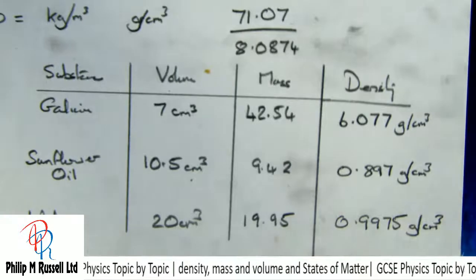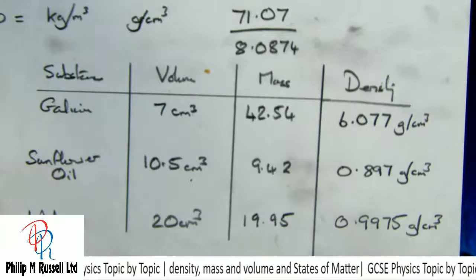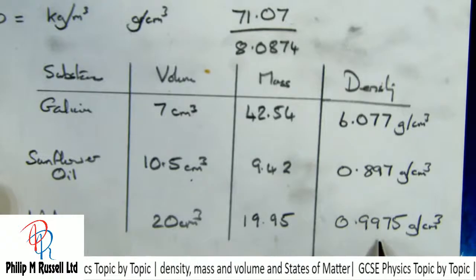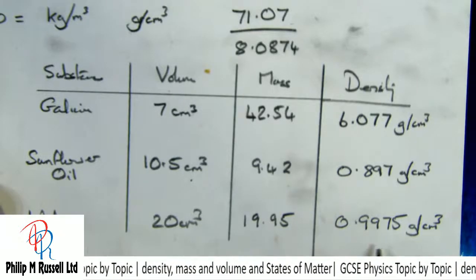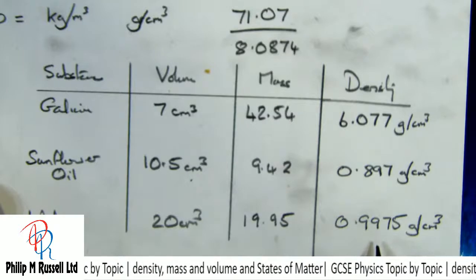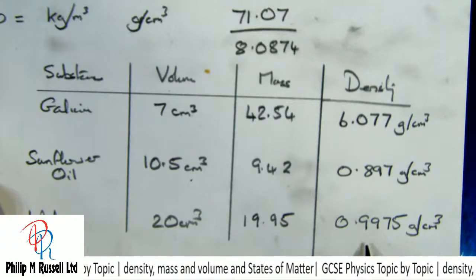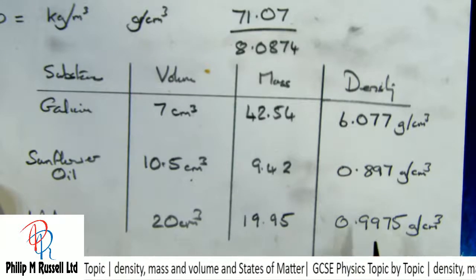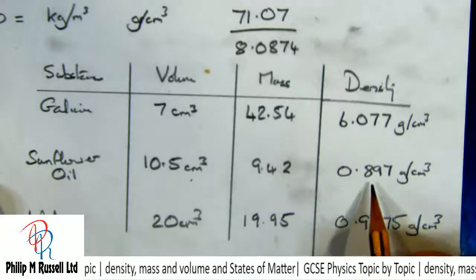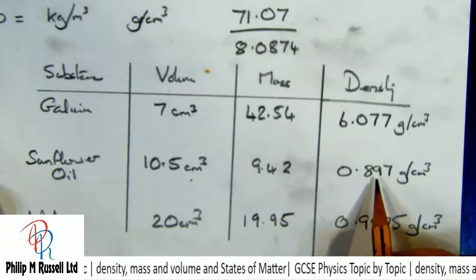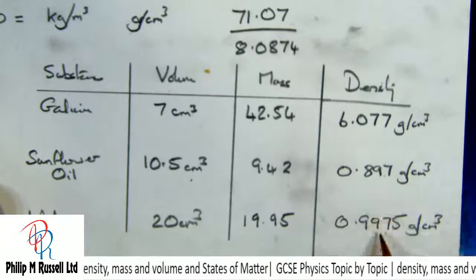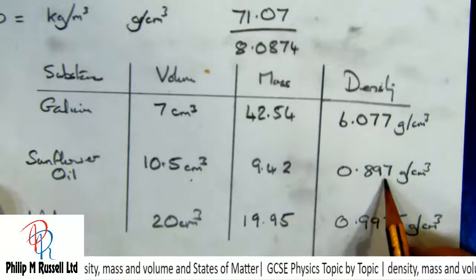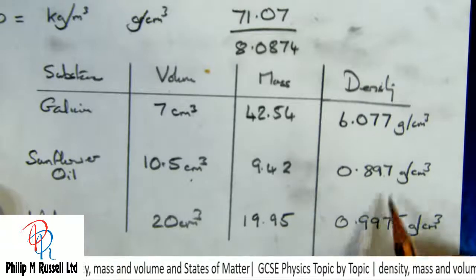Something surprising then as we go through here. Water should be 1, and that's pretty damn close to 1 for experimental accuracy here, especially considering how accurate my glassware is. The sunflower oil has a lower density than water, which is why the oil will float on the water.